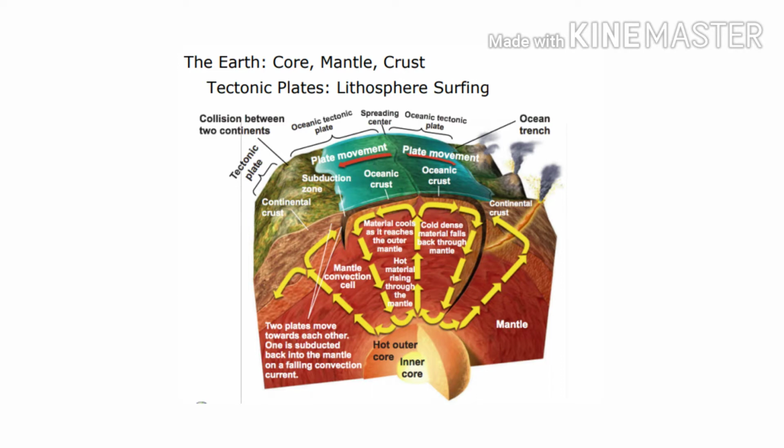Material cools as it reaches the outer mantle, material rises through the mantle, and cold dense material falls back through the mantle. Two plates move towards each other. One is subducted back into the mantle on a falling convection current. Hot outer core, inner core.